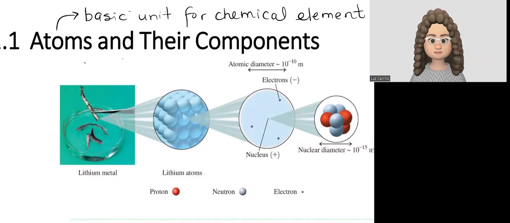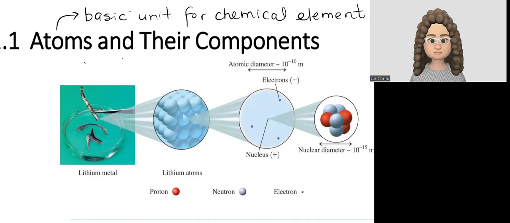We can see that atoms are composed of protons, neutrons, and electrons. And we can see in the third image that they are depicted in their location in an atom.